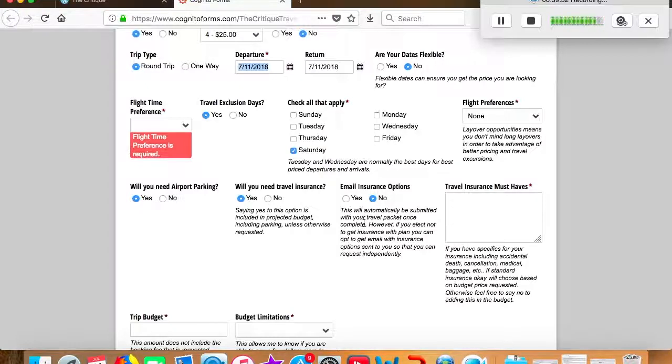Because the insurance does not have to be purchased at the same time as the ticket, you have a little more leeway in terms of time to really think about it, look it over, and see what's in your best interest. Then I send you the information, you let me know which one you prefer, and I'll lock it in for you.